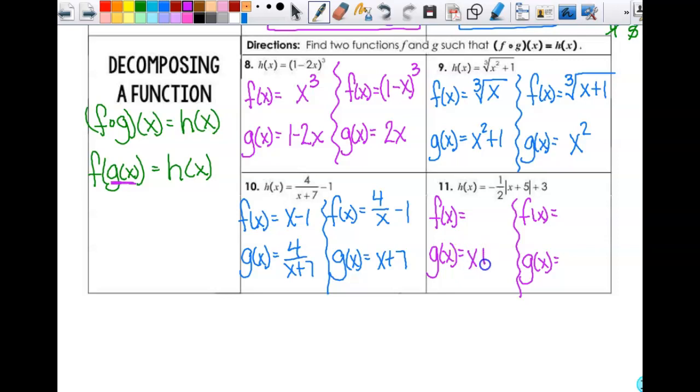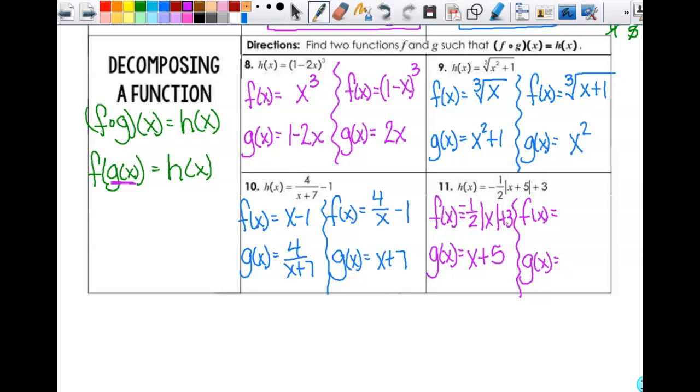Okay. Perfect. That works. So if you don't have that one written down, write it down because it does work. Very good. Thank you. Jose, do you have anything different? No? Anybody have anything different?